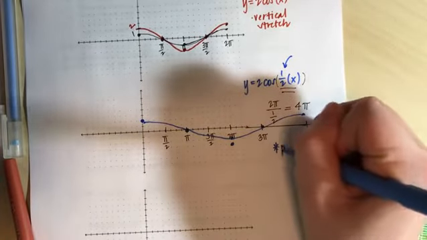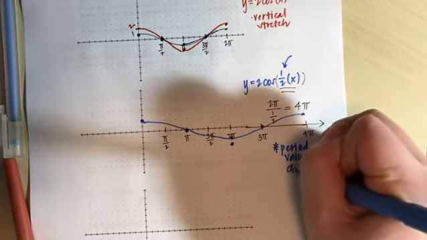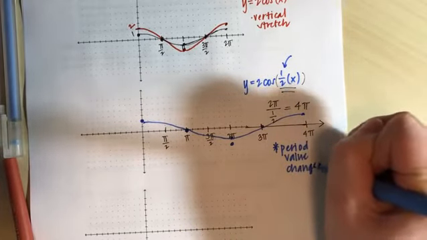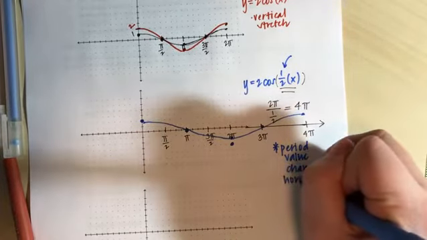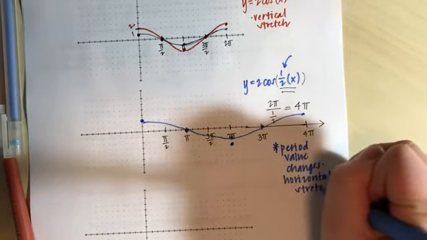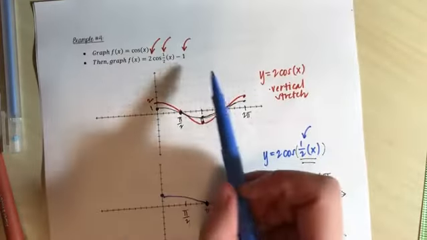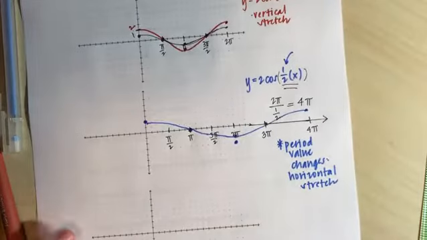So this is a period value change, which causes a horizontal stretch or shrink. In this case, it's going to be a stretch because it takes a wider distance to get through the full wave cycle.